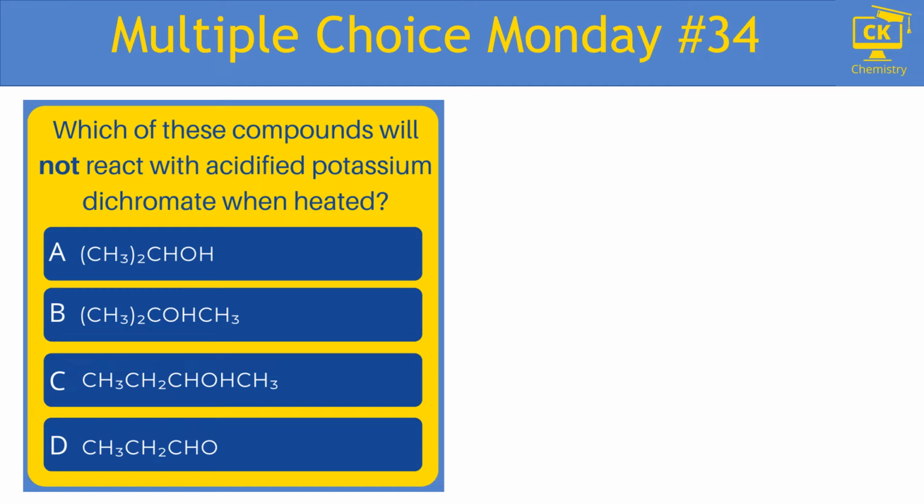This week's multiple choice Monday is about potassium dichromate and organic chemistry, and potassium dichromate is an oxidizing agent. So one of the first things we need to know is what can be oxidized by dichromate and what can't.